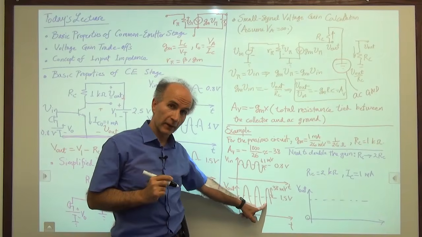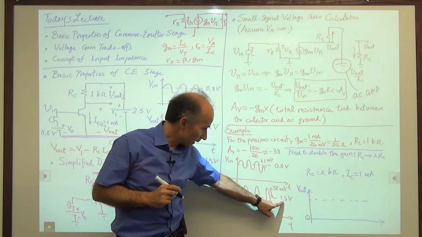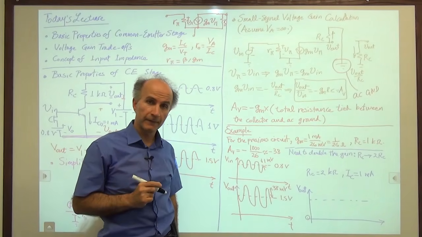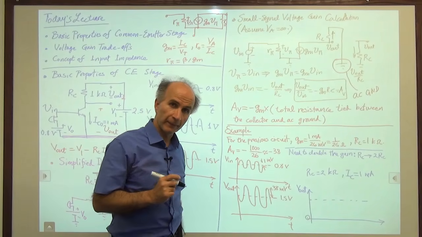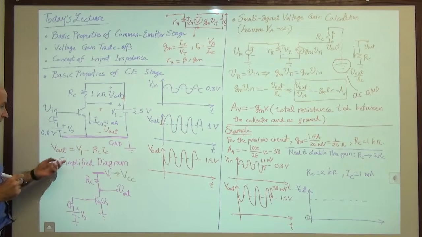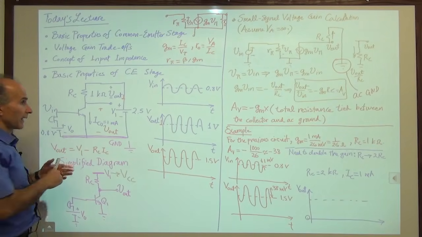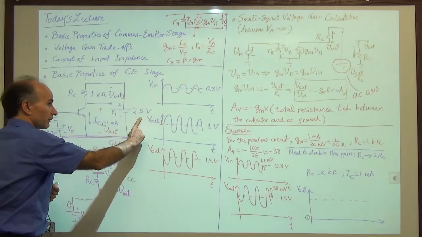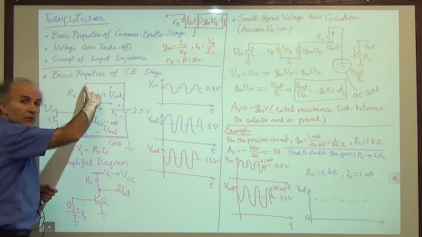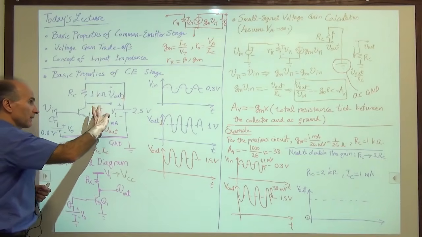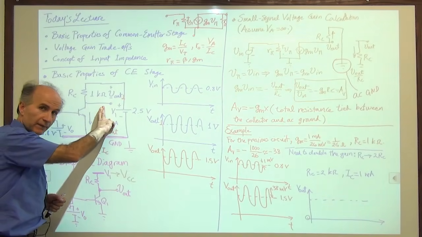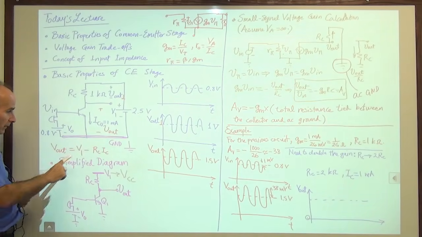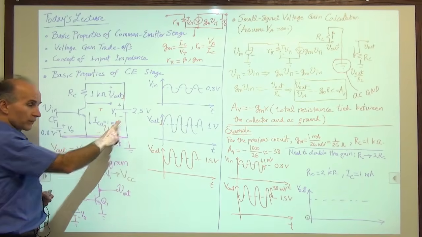But before we go there, we should ask about this 1.5 volts. Is this still 1.5 volts? Where did it come from? 1.5 volts came from this equation. We said this voltage, 2.5 volts, minus this voltage drop, gives us the collector emitter voltage, which is V out in our case. Well, V1 is 2.5 volts.